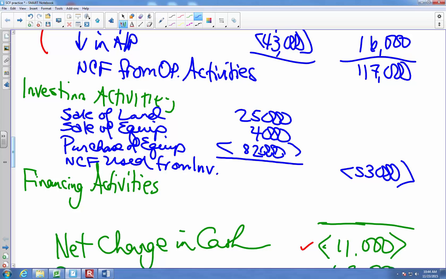That bonds converted to stock is a significant non-cash investing and financing activity. So at the very bottom of your statement of cash flows, you're going to write significant non-cash investing and financing activity.